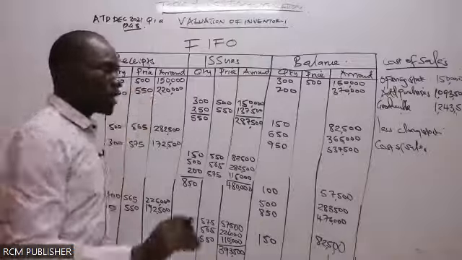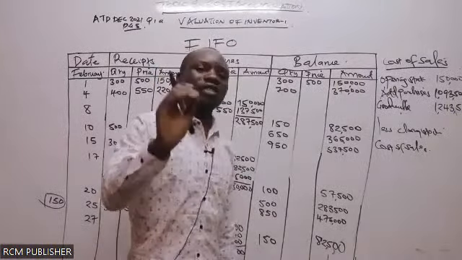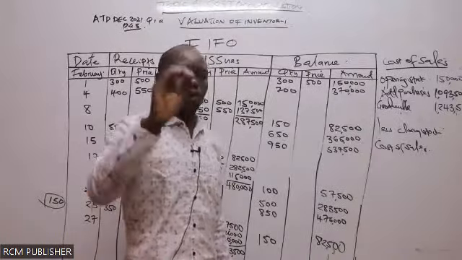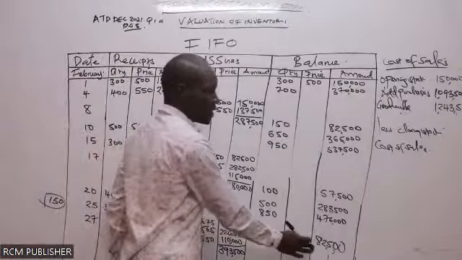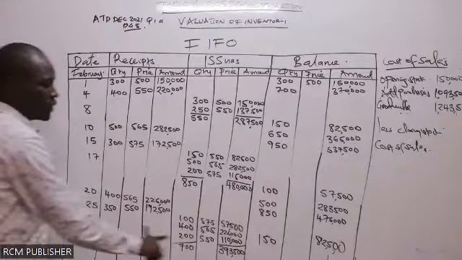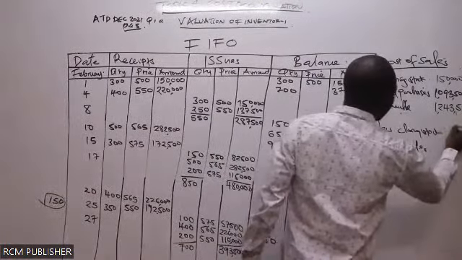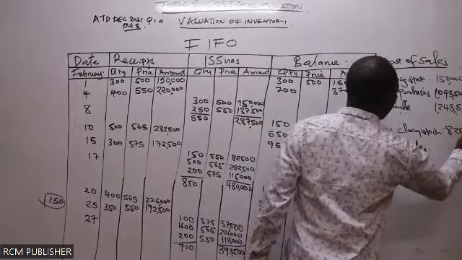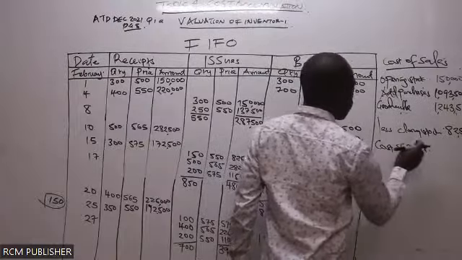But in the process, we did not manage to sell everything. There were those that were remaining in our store as closing stock. Where do I get it from? Just down here. This 150 remained. This is it. And the value is 82,500. So when I less 82,500, I'll be able to get the cost of goods sold, cost of sales.